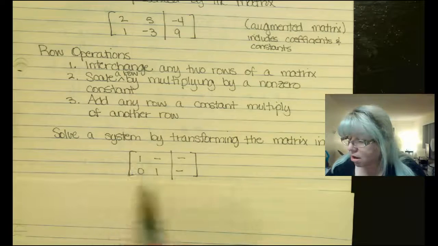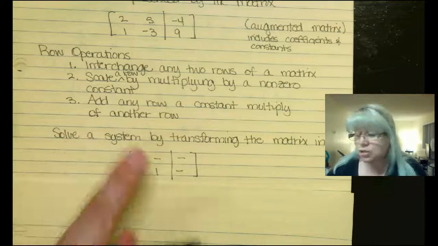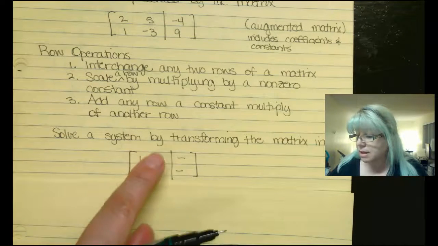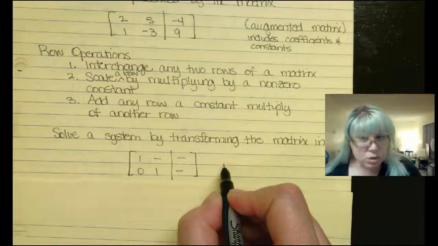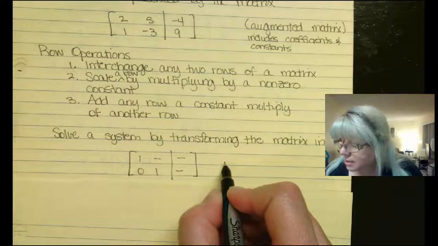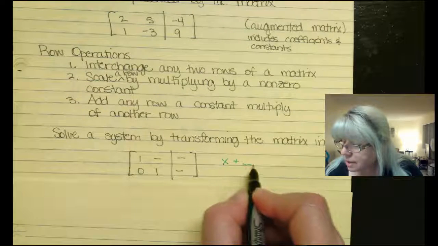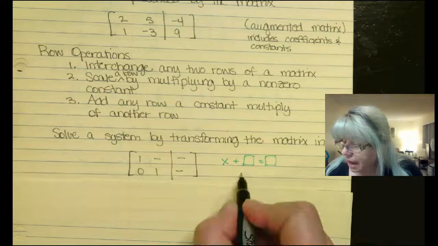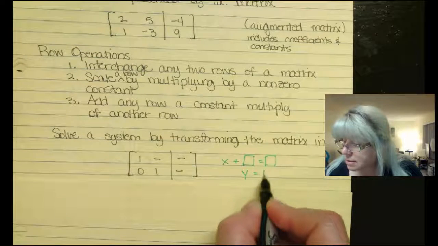Because here's what this augmented matrix means. When we have finally transformed our matrix to 1, 0, something, 1, something, something, I can translate this back into linear equations. That's going to be 1x plus something equals something, and no x's but 1y equals something.